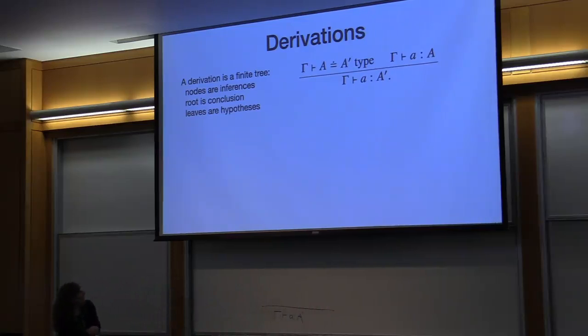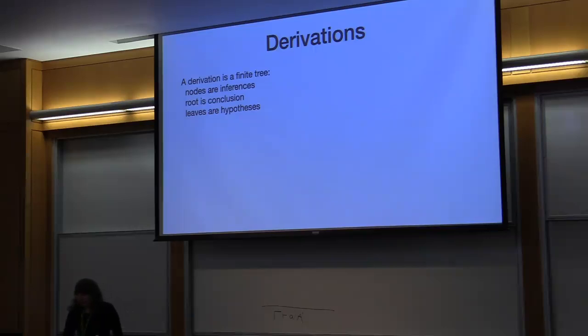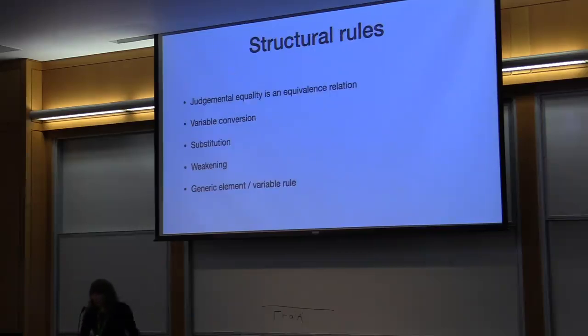And now I am kind of telling you, lying a little bit, that the structural rules that you saw so far should be enough to derive this judgment. So above here, I have my hypotheses. We have a judgmental equality of types, and this is my conclusion. So my question is, which one of these rules should we apply in our last step to get that little a has type A prime?